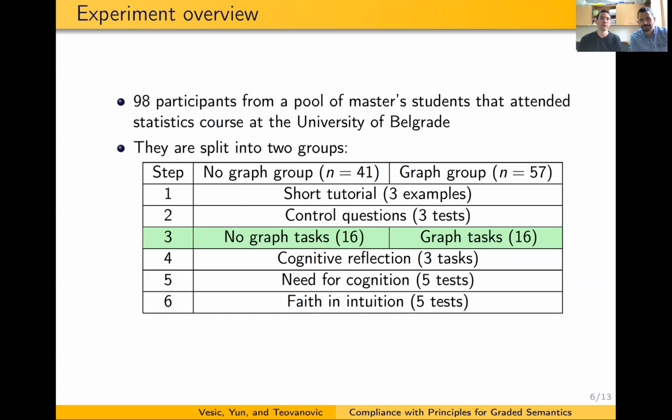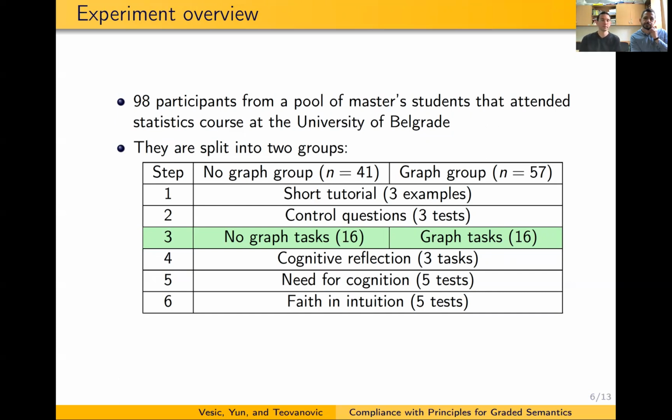First we had a tutorial because those people didn't have prior knowledge in argumentation. And then we had a quick test to see if they actually understood those concepts, and they did it pretty well. We were quite positively surprised. Then the third part was the main part of the experiment, and we are going to give you examples of tasks from this part very soon.